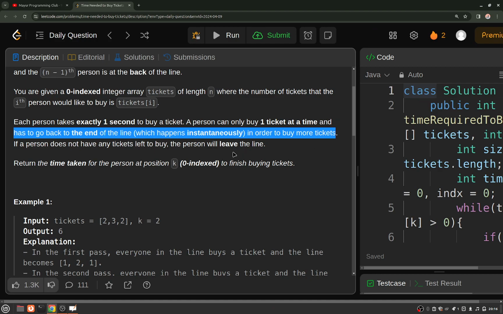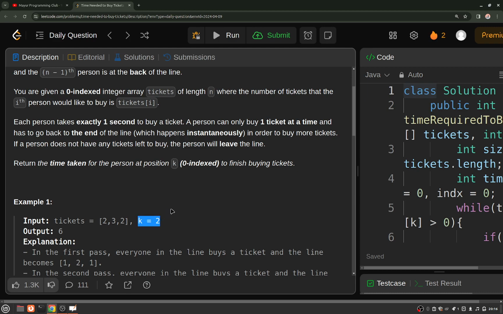What will be given to you, first, is the tickets array, representing the number of tickets that each person would like to buy. Then another thing given to you is a positive integer k. k is nothing but the index of the person.